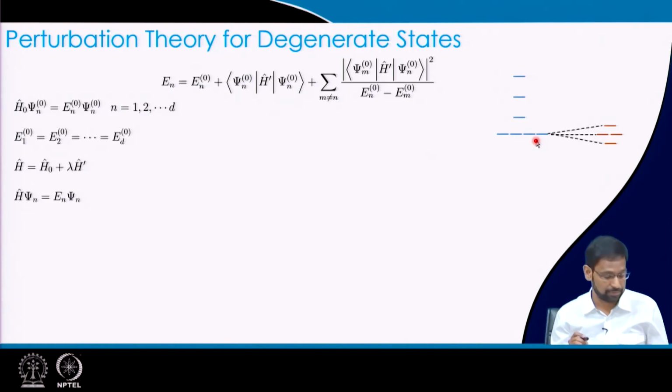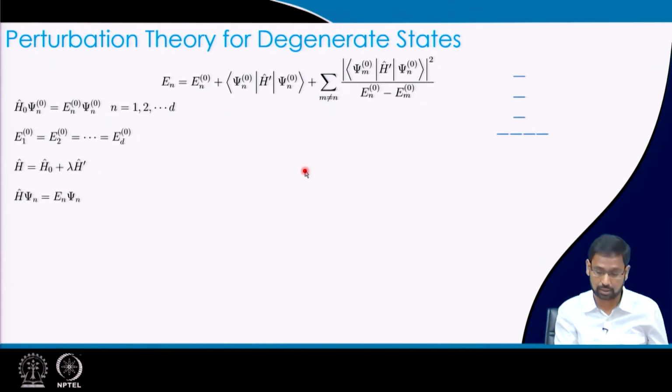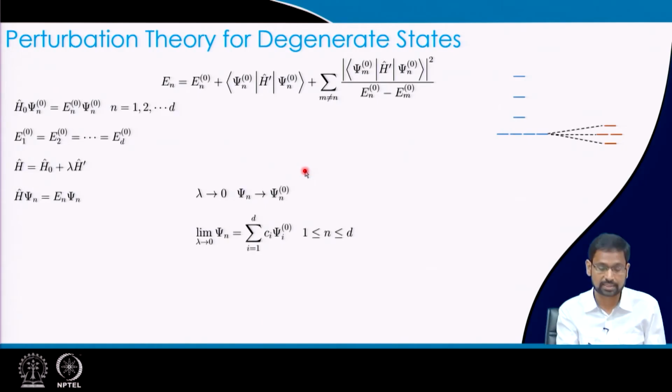This is not a problem when I am dealing with non-degenerate states. In other words, when my lambda goes to 0, I should have this wave function psi n smoothly going to psi n0. This is all right if I am considering a non-degenerate system.